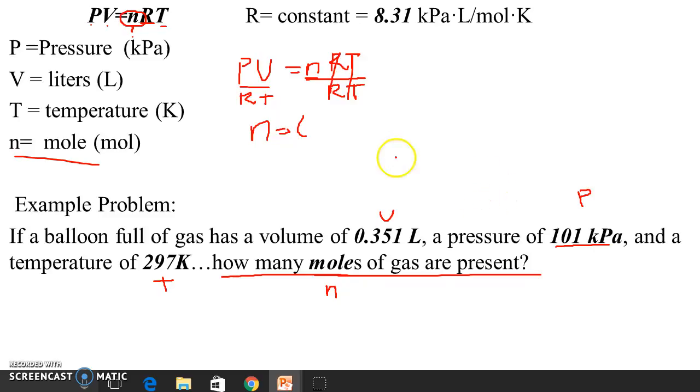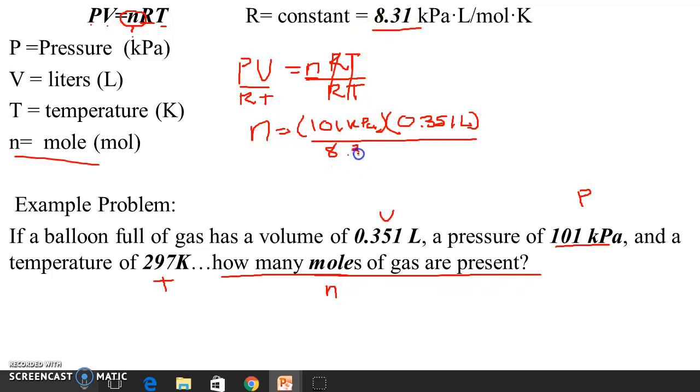So let's plug in our numbers. P is 101 kilopascals, and V is 0.351 liters, divided by R, which is up here, 8.31.